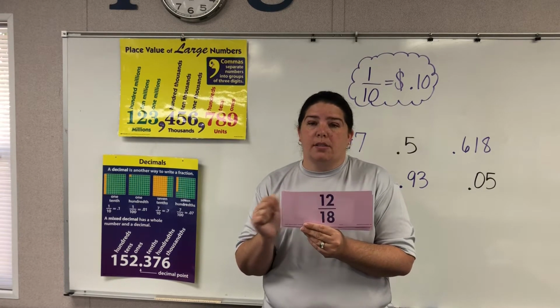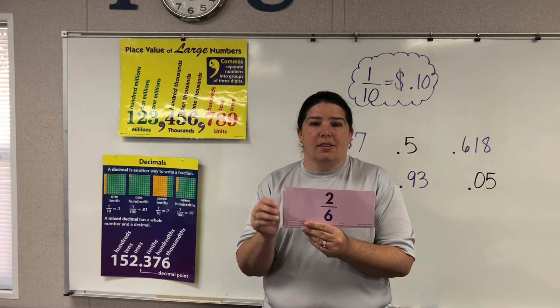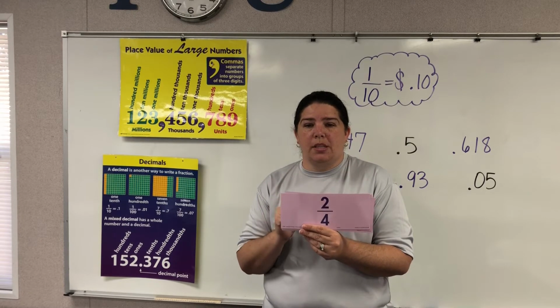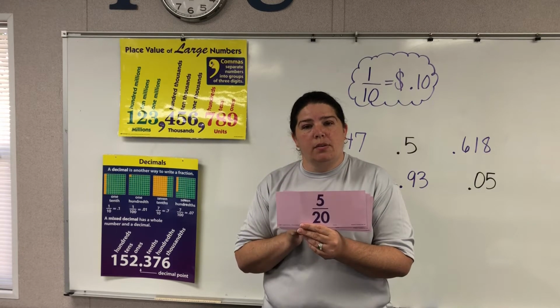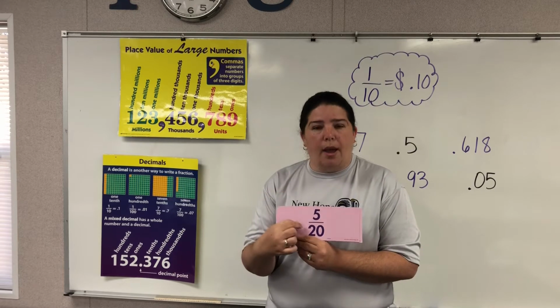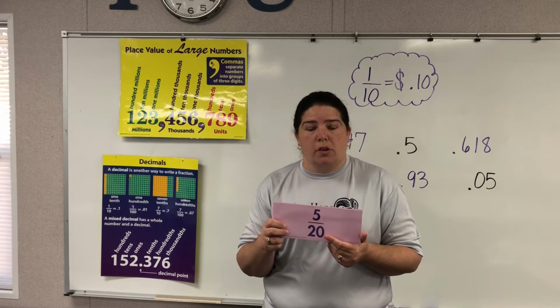I hope you're fast. 2/3. 1/3. Should be easy. 1/2. Last one. 1/4. Very good. Make sure you're dividing the top and the bottom by the GCF, that greatest common factor.